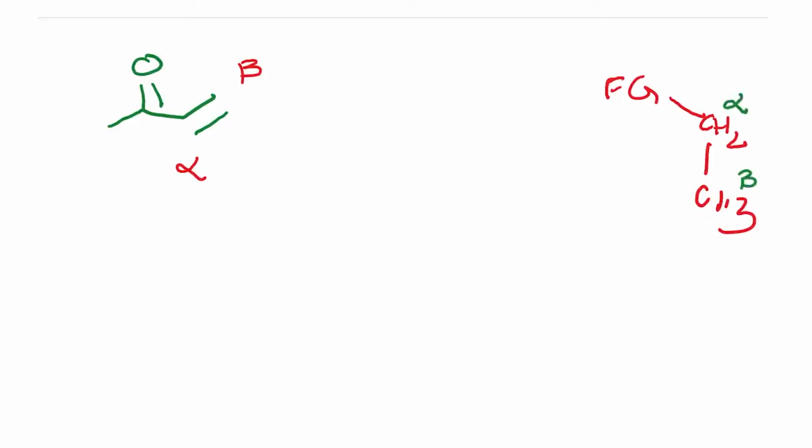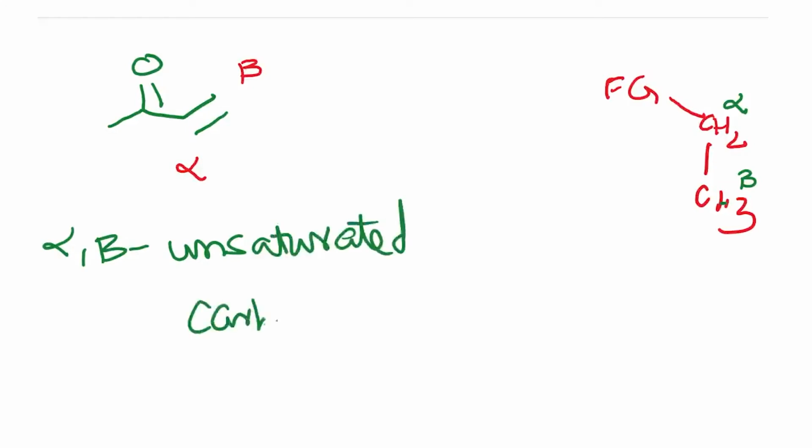So these are important positions because they play a role. Sometimes they are better at accepting electrons or accepting a radical or reacting as a radical and so on. So in this case, this is an alpha beta unsaturated carbonyl compound.